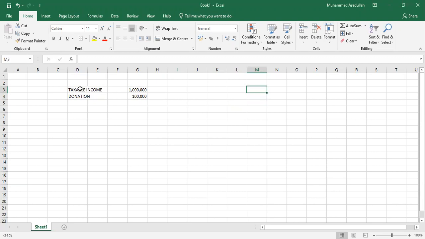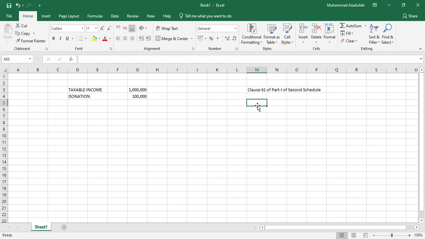Under the Income Tax Ordinance, the first thing we learn about is clause 61 of part 1 of the second schedule. If you download clause 61 of part 1 of the second schedule of the Income Tax Ordinance 2001, there is a list of institutions.